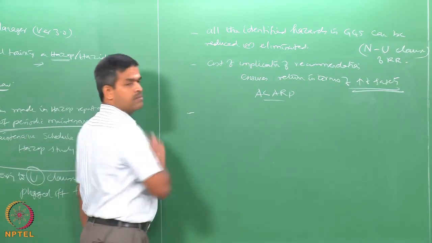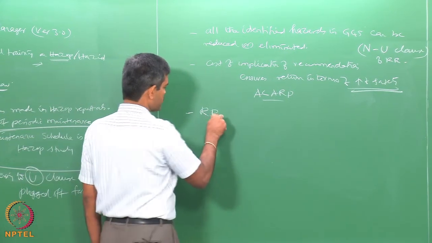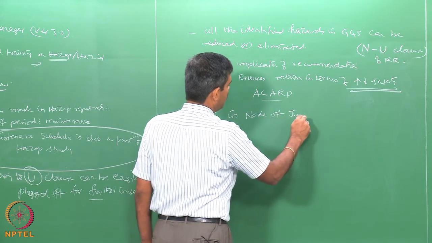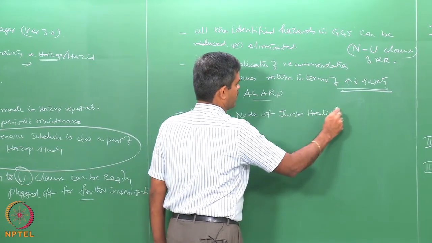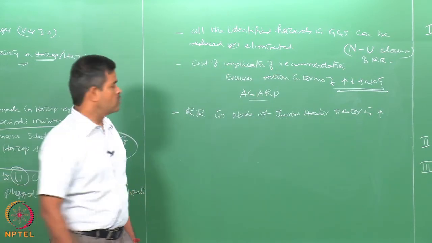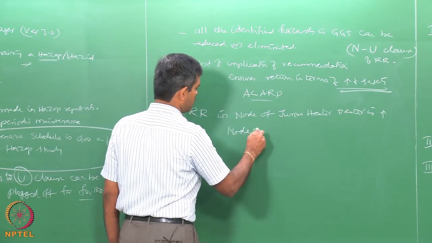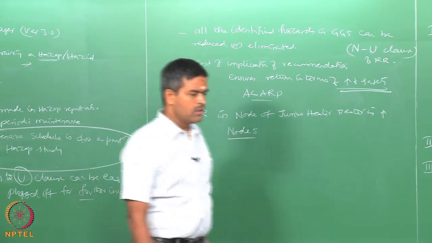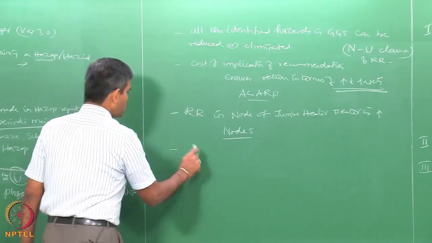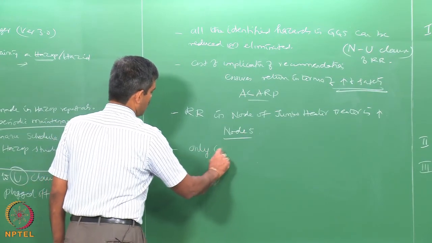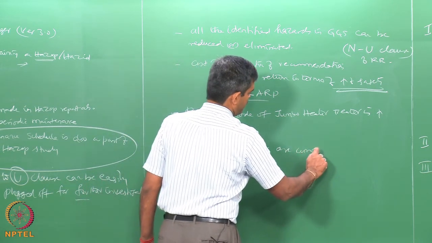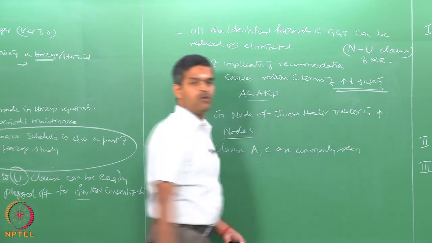Okay? Next, the risk ranking in the node of jumbo heater treater is highest in the specific study at node number 5. Though I have not presented the whole report, I have given only a sample of the report. At node number 5, this showed the highest risk ranking. It is also seen that only class A, C are commonly seen in the report.